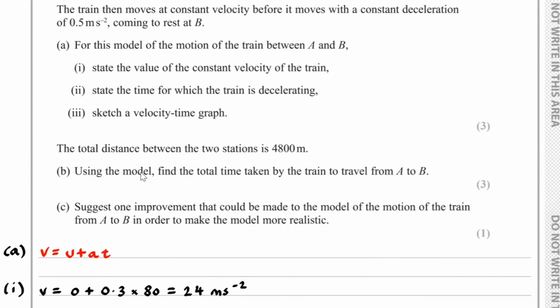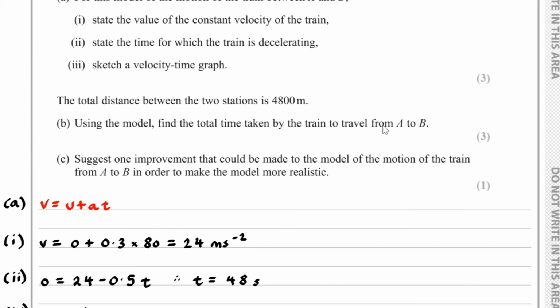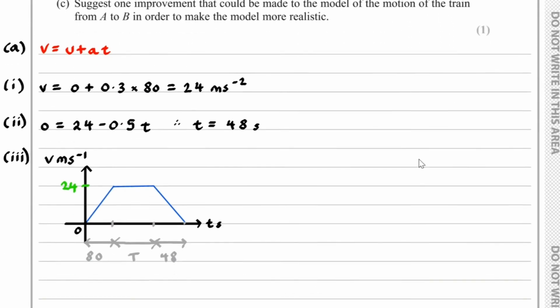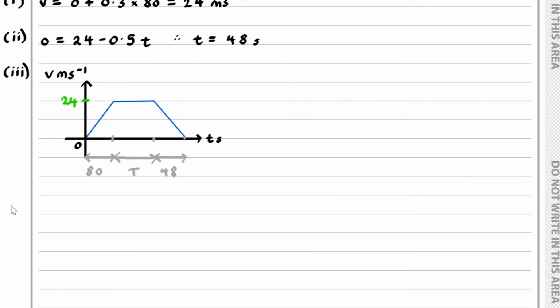And then for part B, the total distance between the two stations is 4,800 meters, and using the model we have to find the total time taken by the train to travel from A to B. Well, for part B, we can find out the area of this trapezium and set this equal to 4,800, the area under a velocity time graph is equal to the distance.